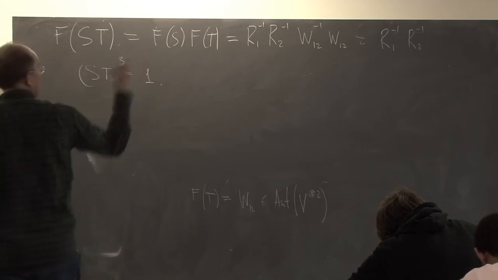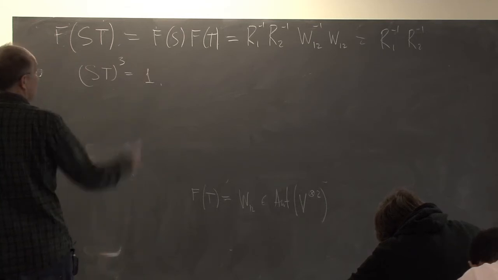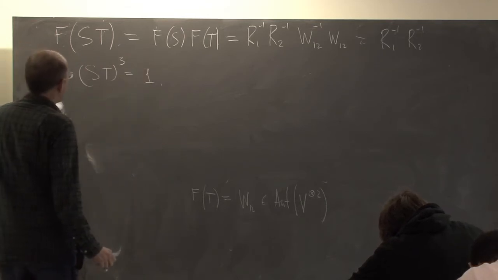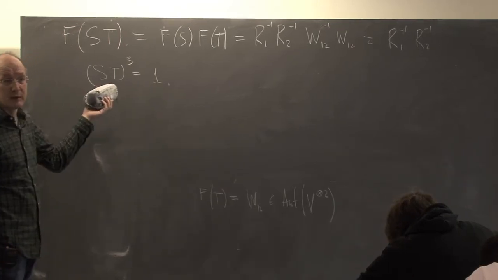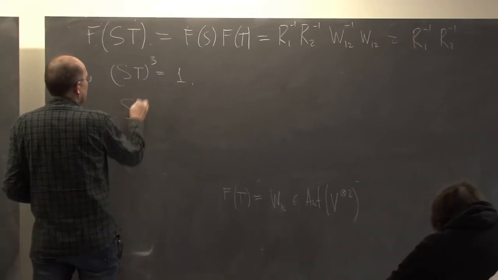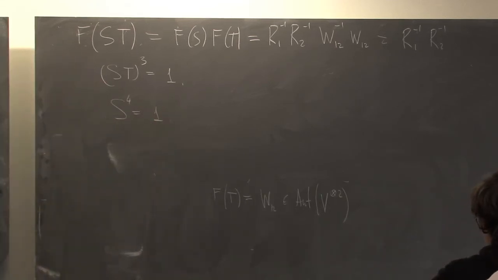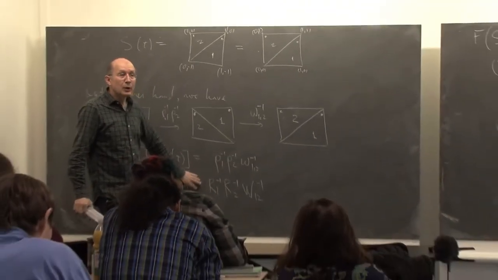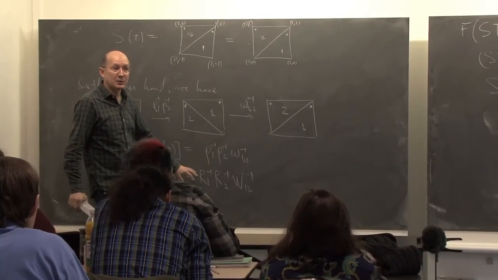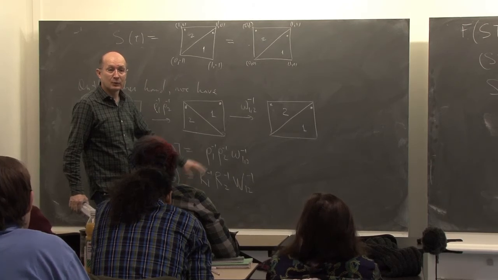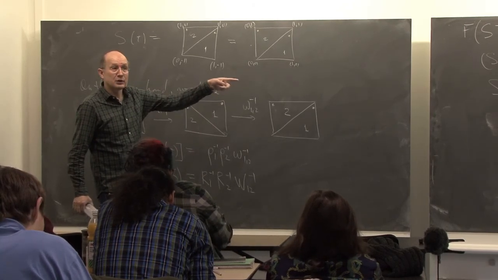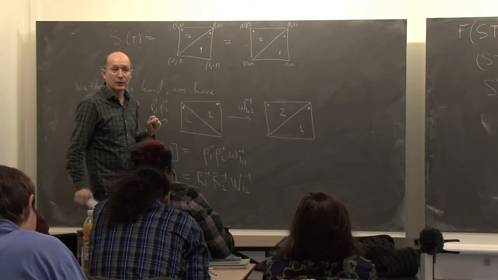So this demonstrates a case where one of the relations is verified. And likewise, you can check that S power 4 is 1, which is less trivial, and you have to use all the relations now of the basic algebraic system to come to the conclusion that this relation is satisfied in the image as well.